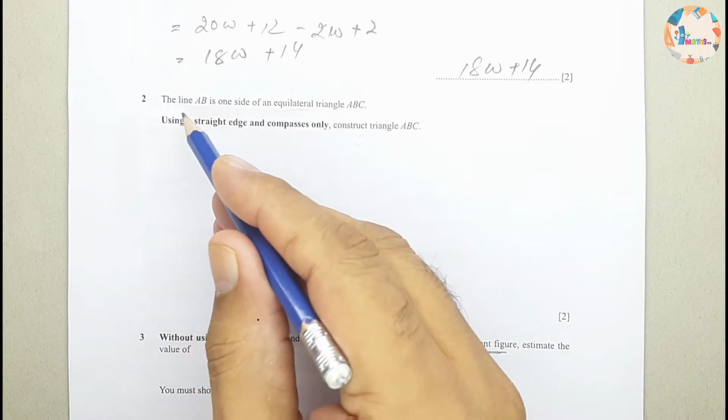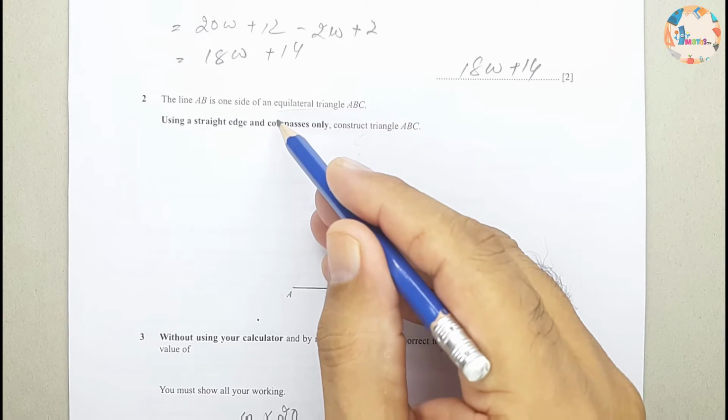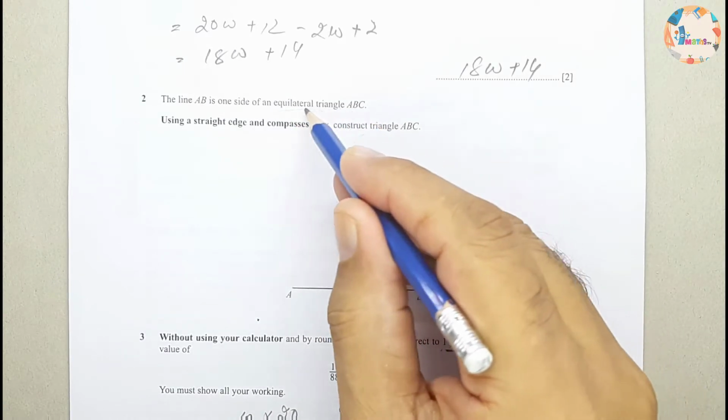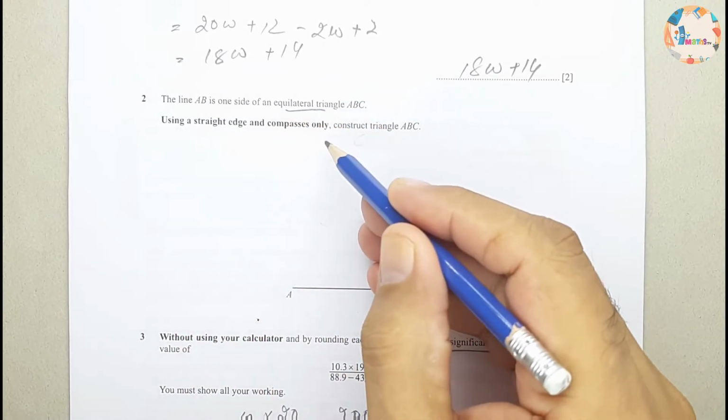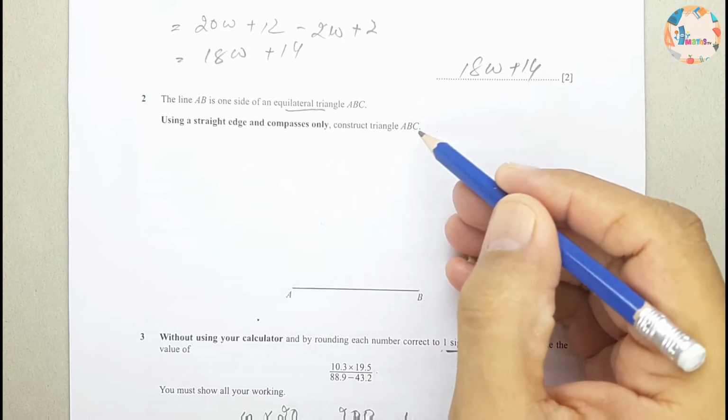Question number 2. The line AB is one side of an equilateral triangle ABC. Using a straight edge and compasses only, construct triangle ABC.